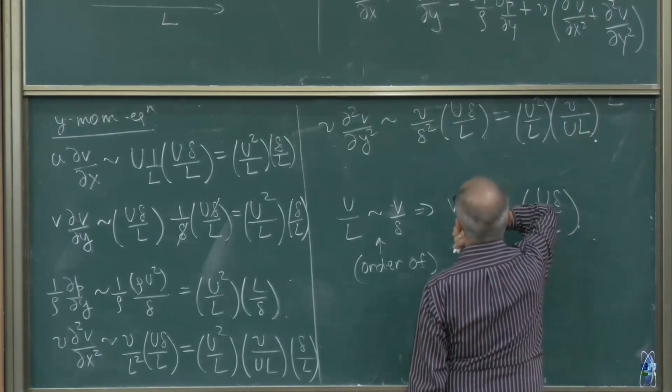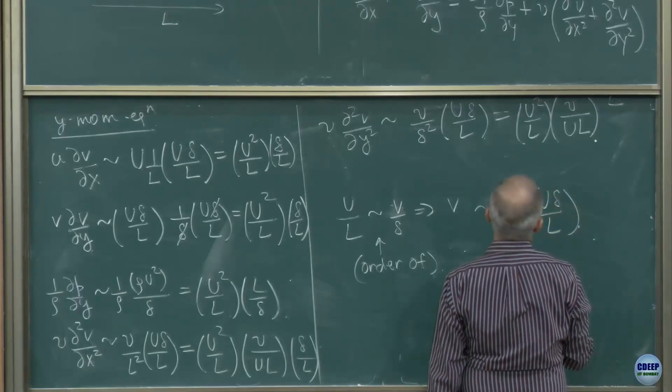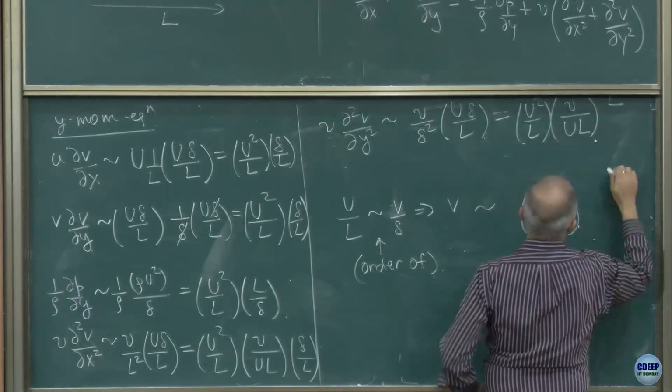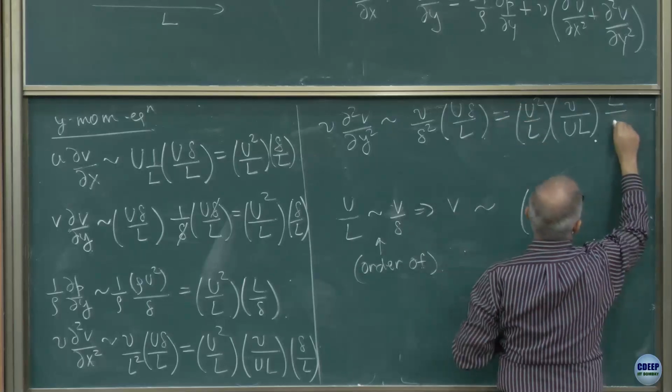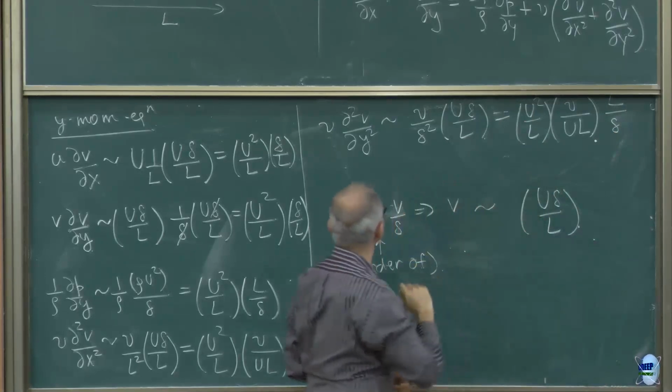Is this correct? Something is not right here. L square, sorry, tell me how much, what will you get here? L square, L by delta square. Now something is looking amiss here.